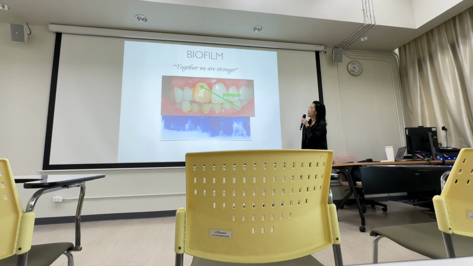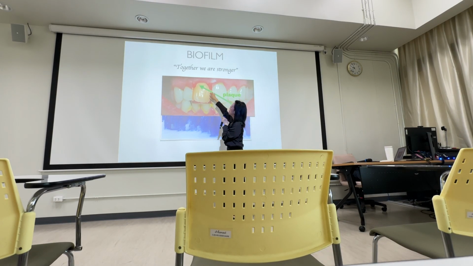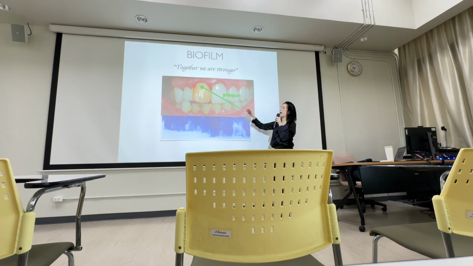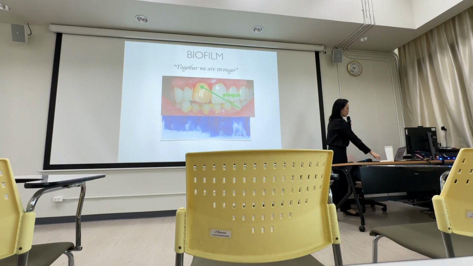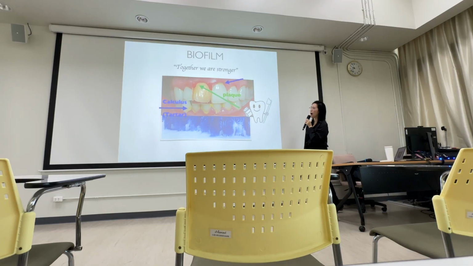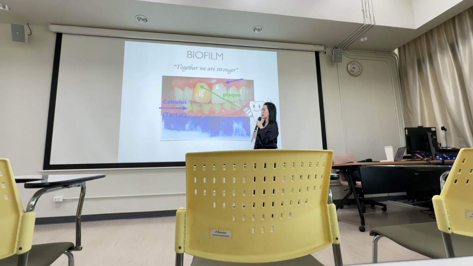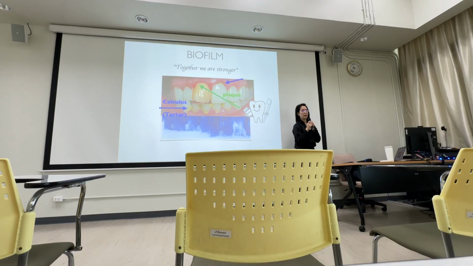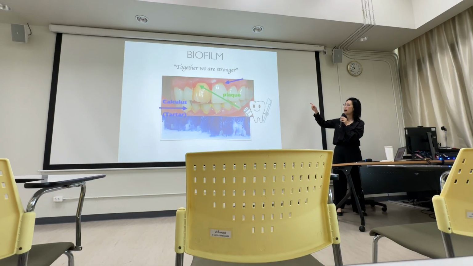So here is an example of the plaque that occurs on our teeth, the creamy one here. At this step, you can remove plaque with just your toothbrush or floss. But if you leave it until the plaque accumulates other minerals such as calcium, it develops from plaque that you can remove by toothbrush or floss into calculus, which is quite sticky.